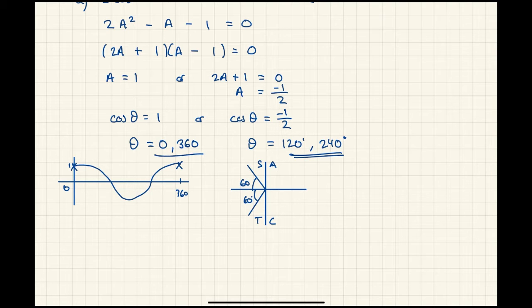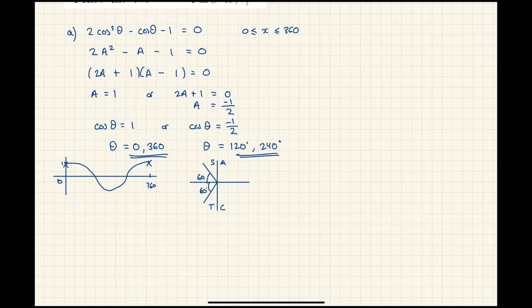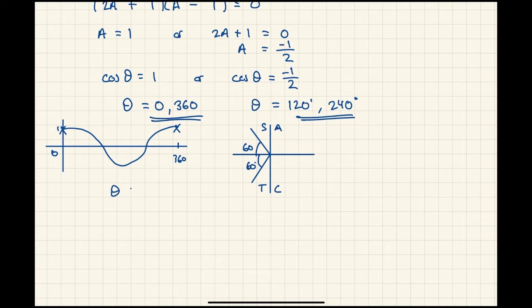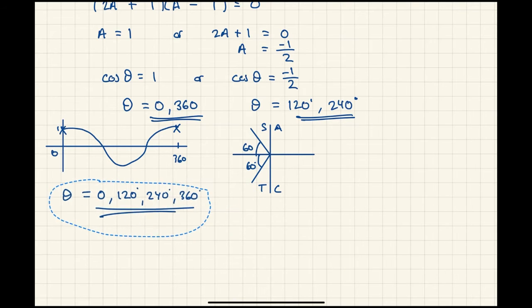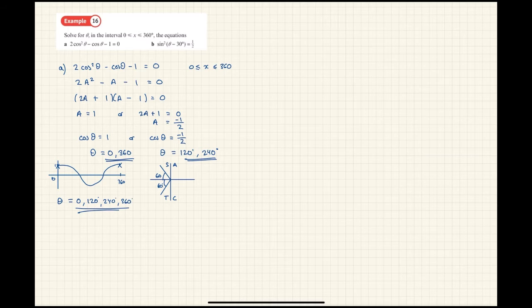So I've got 2 solutions there and 2 solutions there. So again, just to be absolutely clear for any examiner, when the time comes, theta equals 0, 120, 240, 360. Any of those solutions can be used to solve the equation. Okay, so that's part A.